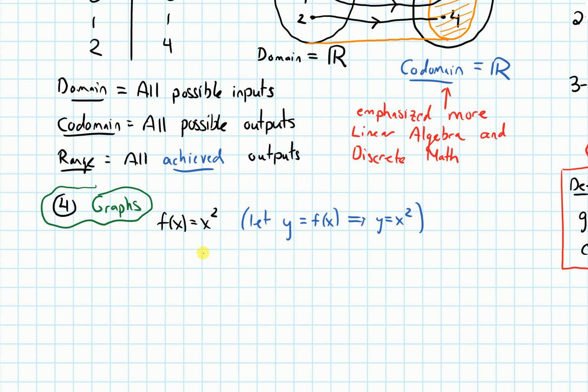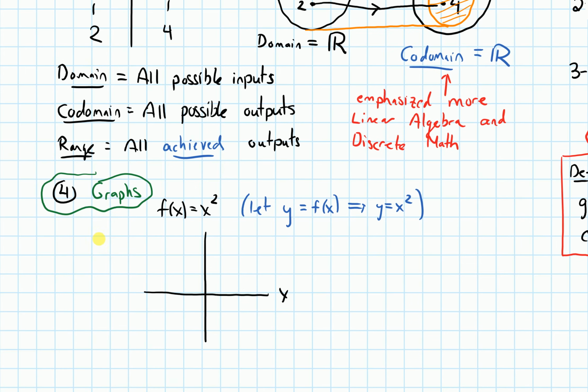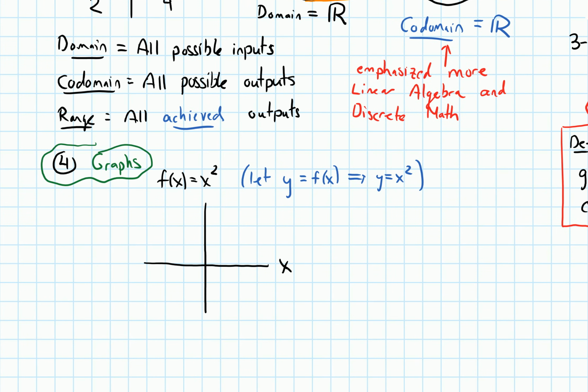If I start to draw my axes now, the x-axis, the variable x, is associated with my input, and the y-axis is associated with the output. We know what the graph of y equals x squared looks like. It is an upward facing parabola. We know the vertex is at 0, 0. Let me draw a couple other points on this: 1, 1, and then negative 1, 1. All right, so that's the graph of this function.